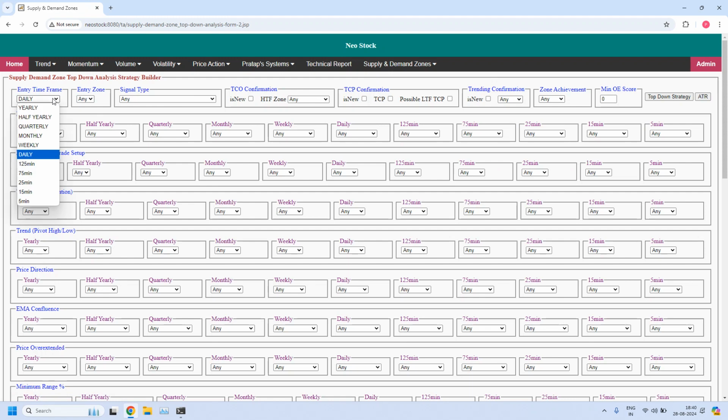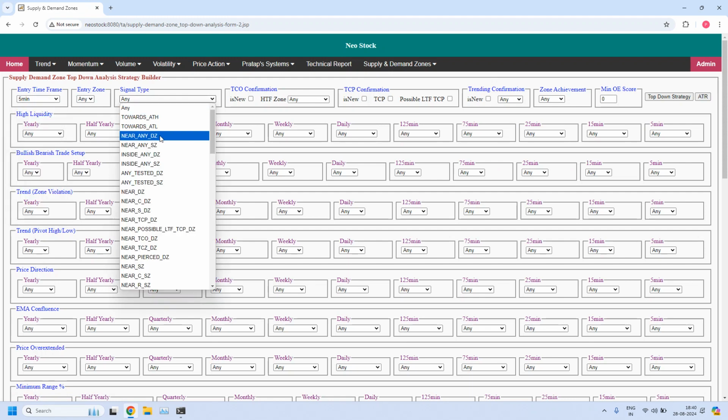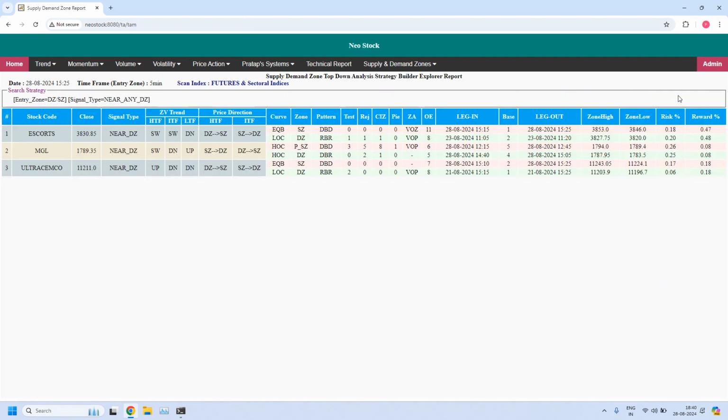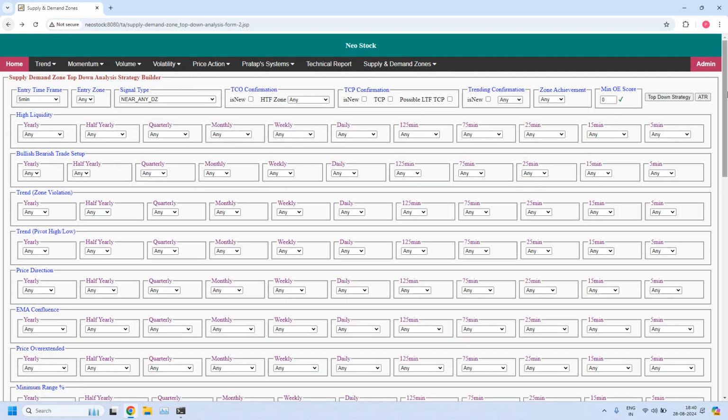Next time frame is 5 minutes. Let us find the stocks near 5 minutes demand zone. 3 stocks are filtered near the 5 minutes demand zone. And let's verify whether any of these stocks are having confluence with the ITF time frame.